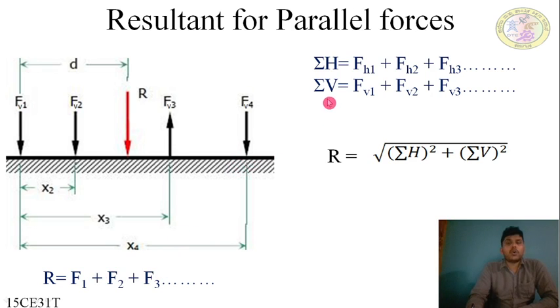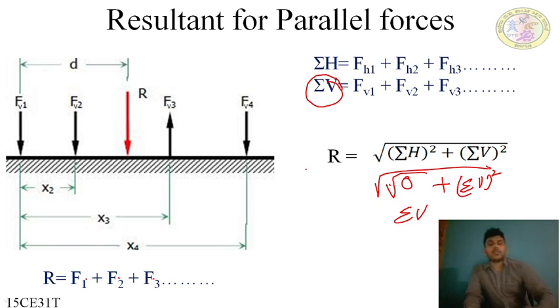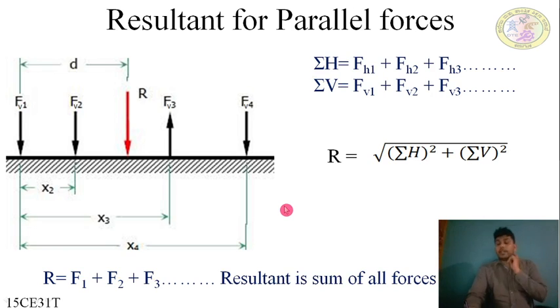Here there is no horizontal force, so the horizontal force will be 0. 0 square is 0, plus sigma V square, so the square root gives sigma V. This itself, the sum of all vertical forces, will be the resultant. That's why I have written R is equal to F1 plus F2 plus F3, because there is no horizontal force. The resultant will be the sum of all forces, since there are only vertical forces.